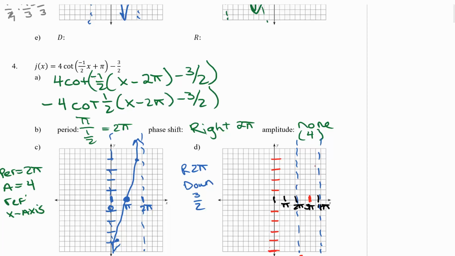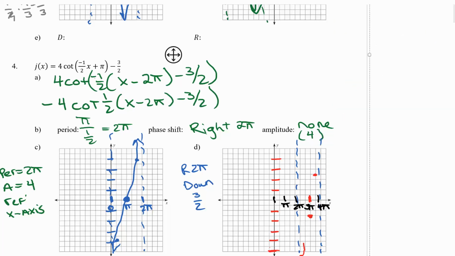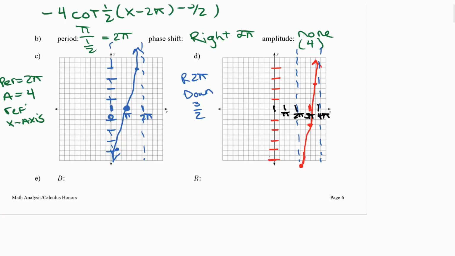It's now going to be at 2.5 right here. So our graph, and then this is going to go to negative 1.5 right here, the middle point. So it's going to go up like that. And there you go. There's our cotangent.